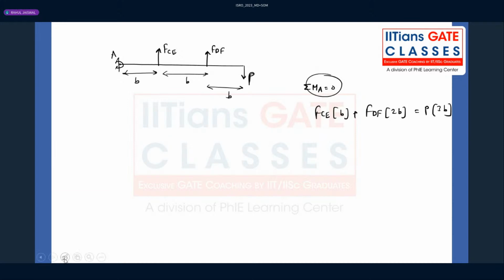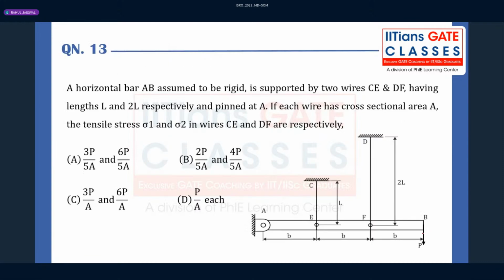Now some of you might be thinking, sir, why is force CE acting in the upward direction, and force DF also in the upward direction? See, when you apply the load, the rod will be tilted like this. Then this wire CE will be subjected to tensile force, and the wire DF will also be subjected to tensile force.